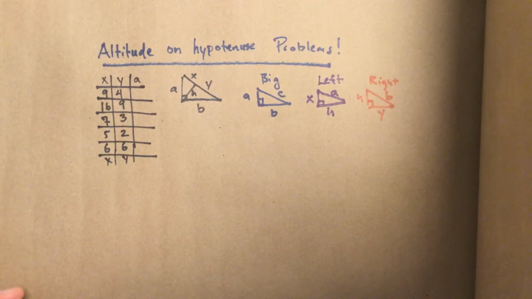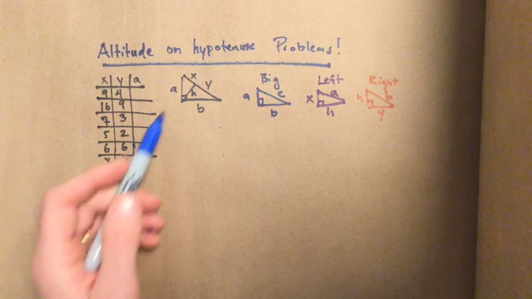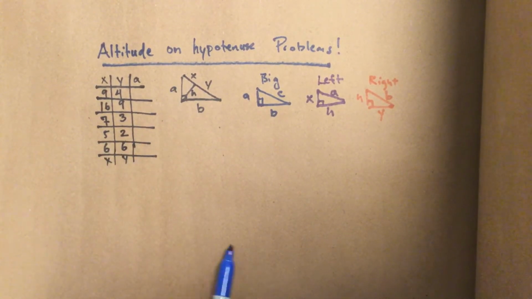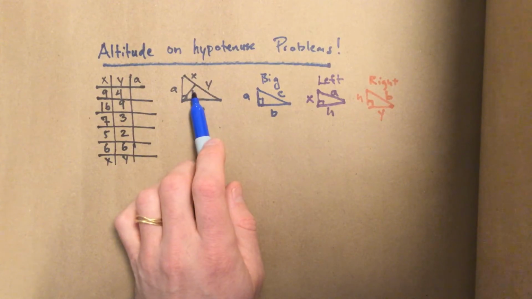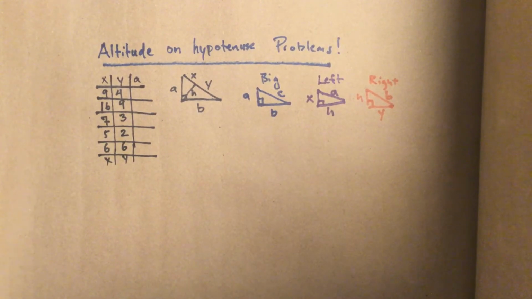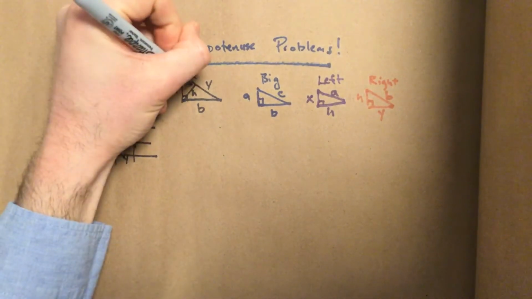I've taken my triangle on the left-hand side and reflected it and rotated it so that it looks like this. X is a leg, h is a leg, and a is now our hypotenuse because our altitude is drawn to our hypotenuse.